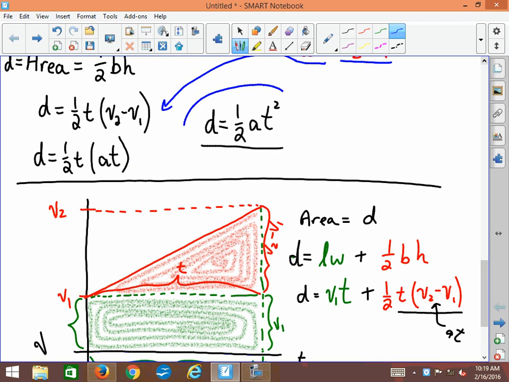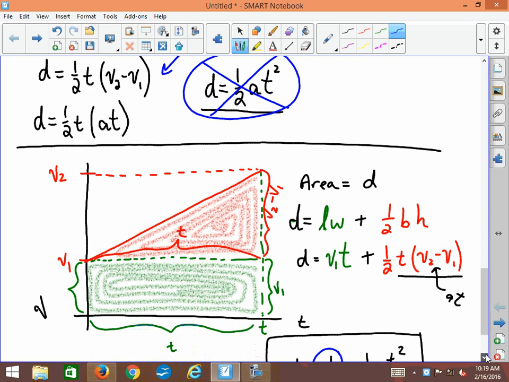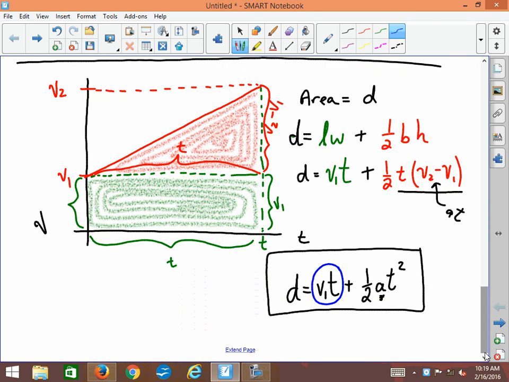But this one is probably not the best one to keep, because the first speed doesn't have to be 0. So this will work for that, but it will also work if the first speed is 10 or 9 or 107. It doesn't matter. So this equation is probably more comprehensive.